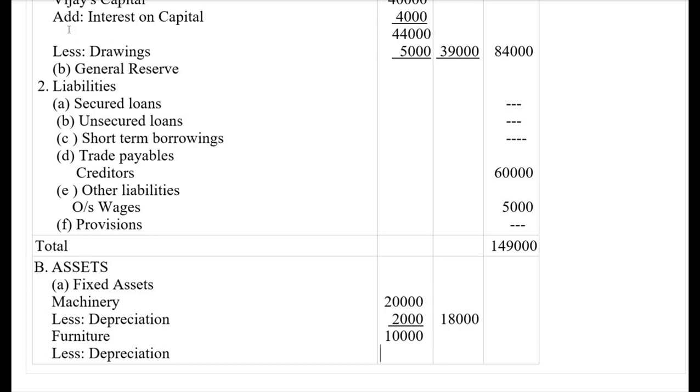Less depreciation is 1,000. So here it will be 9,000. When the total of the fixed assets is taken here, it will be 27,000.